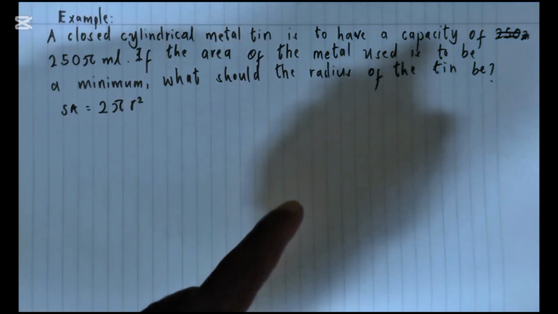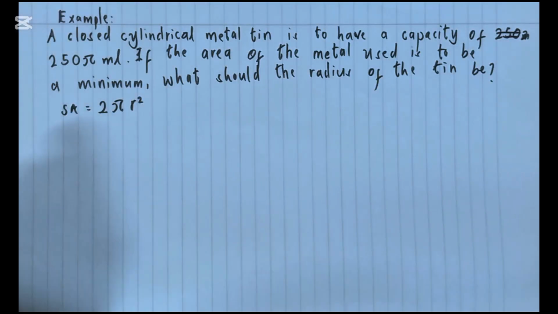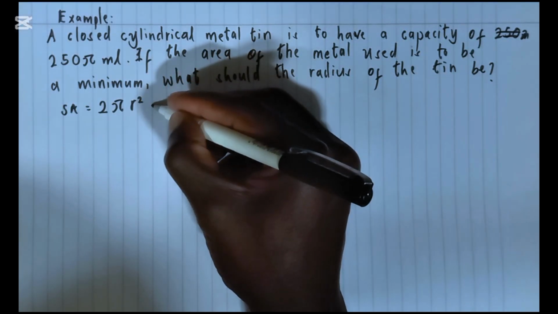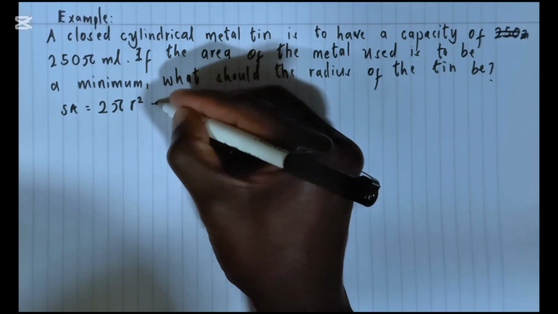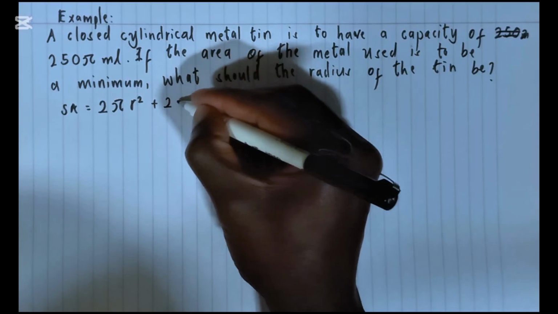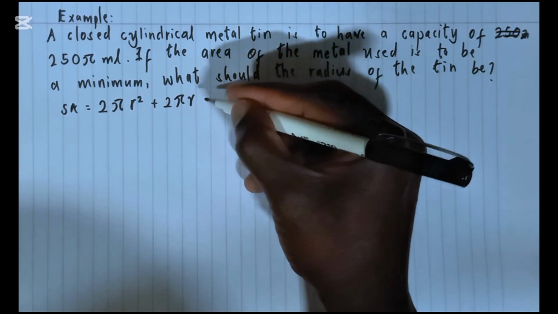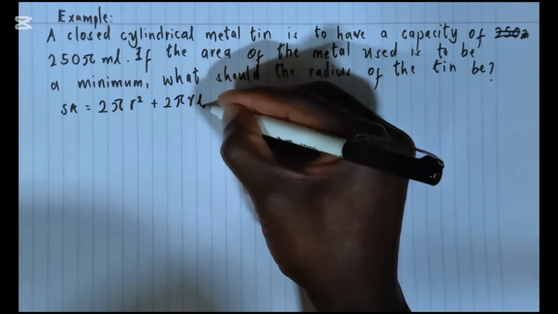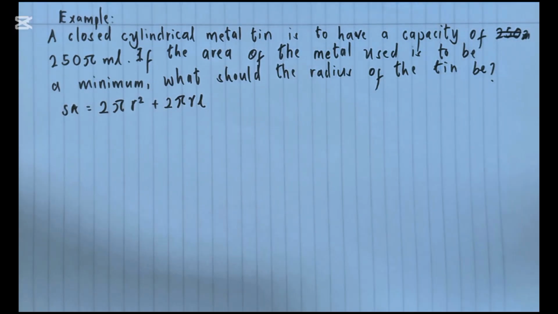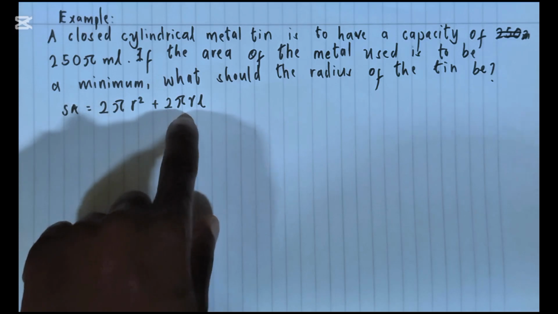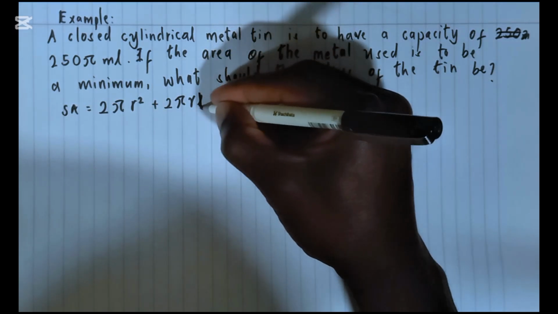Then the area of the surface surrounding the two circular shapes of the cylindrical tin will be given by plus 2 pi r l, not l really, 2 pi r h.